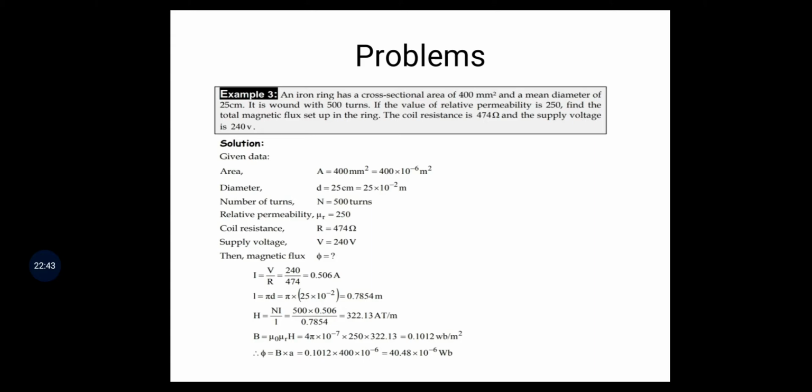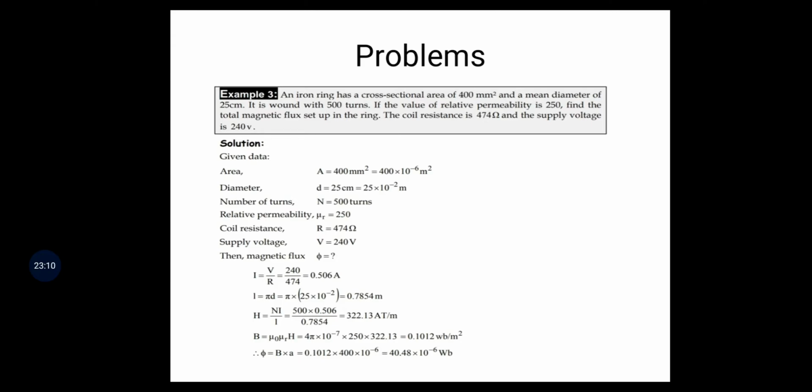Here the given data: area A equal to 400 mm square, that is 400 into 10 power minus 6 meter square.